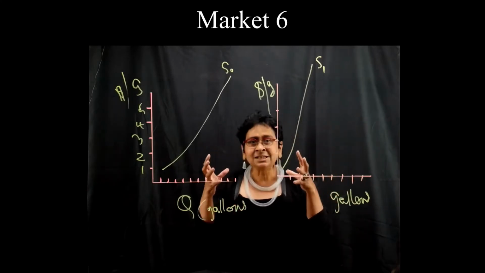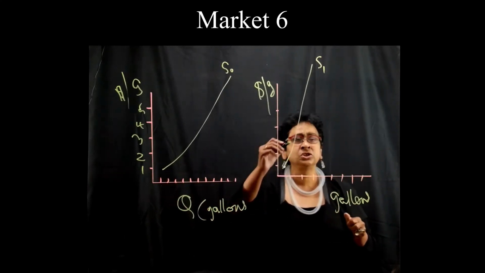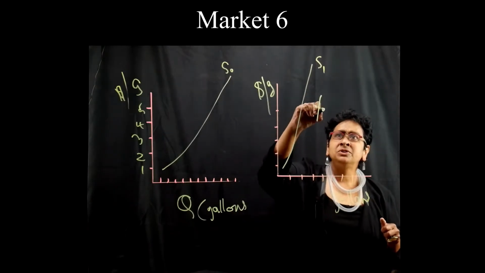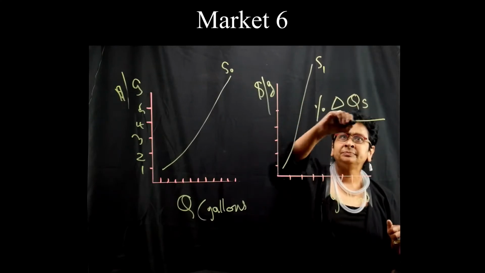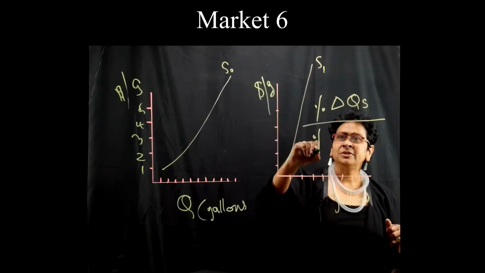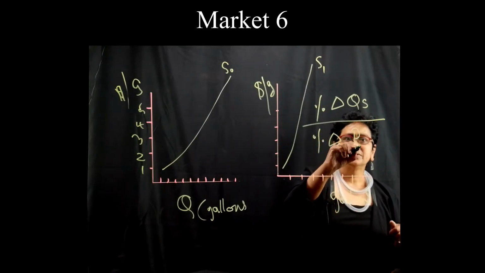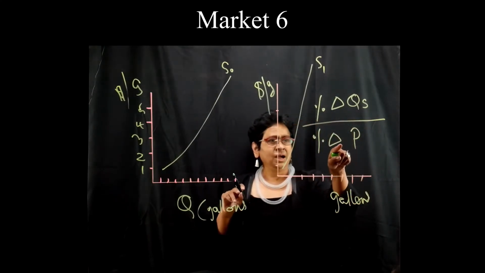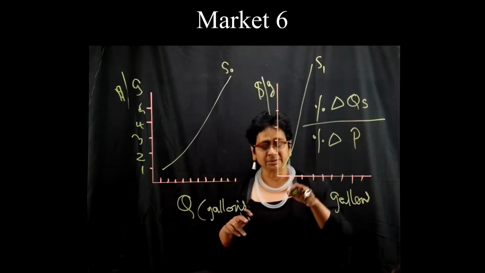So this idea of responsiveness is what we call elasticity, and the way we measure it is that we take the percentage change in the quantity supplied as a ratio of the percentage change in price. So this tells me what percentage change in price generates what percentage change in quantity supplied.